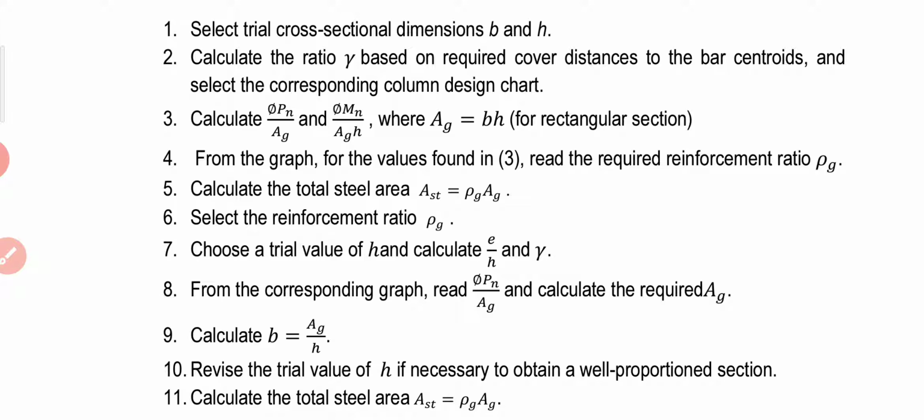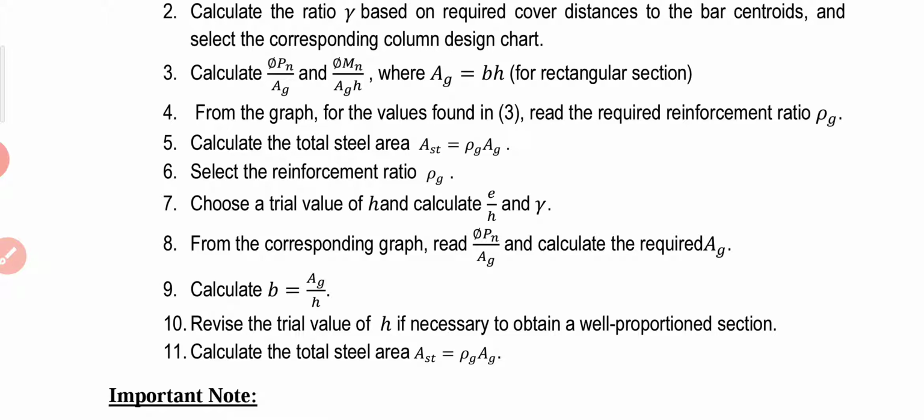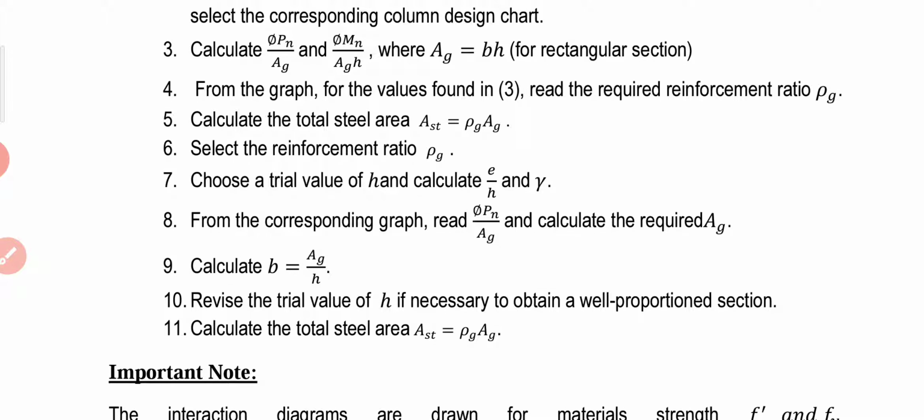Select the reinforcement ratio rho g, and next choose a trial value of h. Calculate e upon h and gamma. From the corresponding graph, read phi Pn upon Ag and calculate the required Ag.